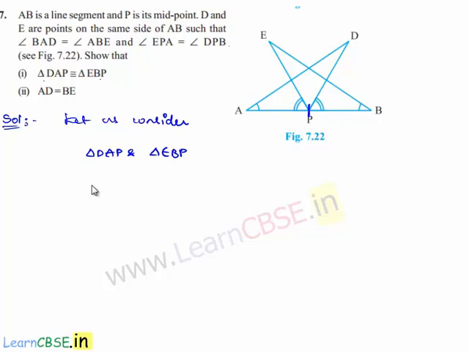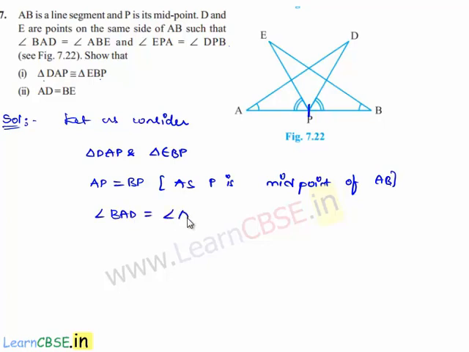So we can write as AP is equal to BP, P is midpoint of AB. And we can also say that angle BAD is equal to angle ABE, which is given. And later he has also given that angle EPA is equal to angle DPB.